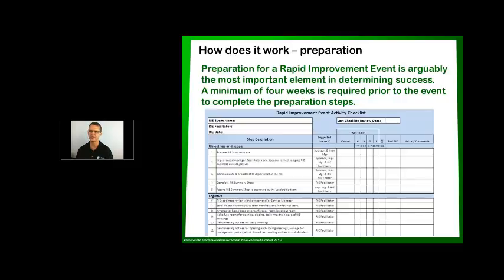You need to do the initial setup, but you also need to complete the define and measure phases, from Lean Six Sigma terminology. Do some good groundwork on the process and how it's performing, and set up a communication plan to be talking to groups who may be impacted by the event, either during the event or for the implementation post-event.